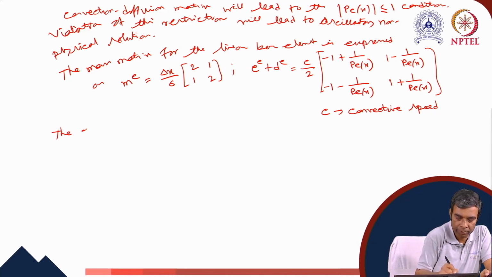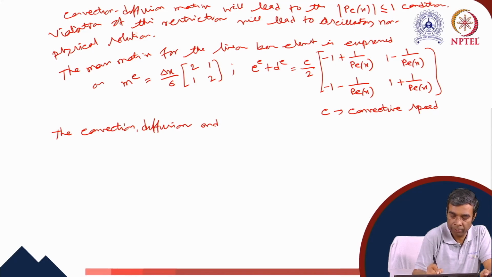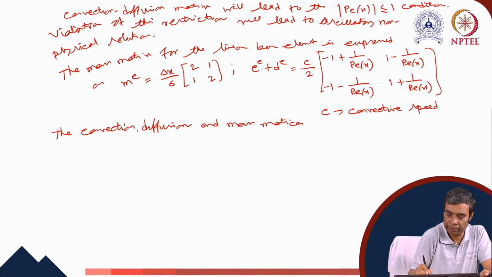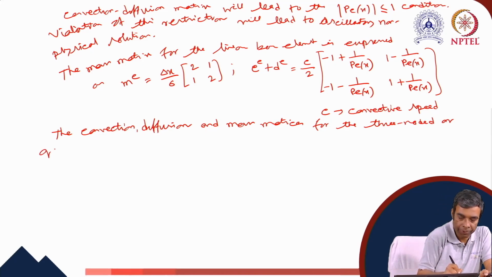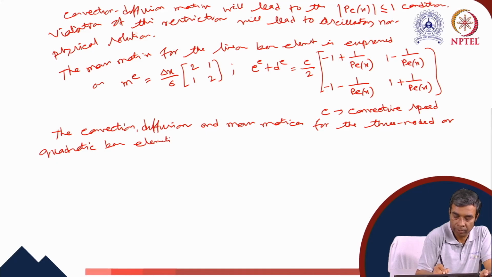The convection, diffusion and mass matrices for the three-noded or quadratic bar elements.